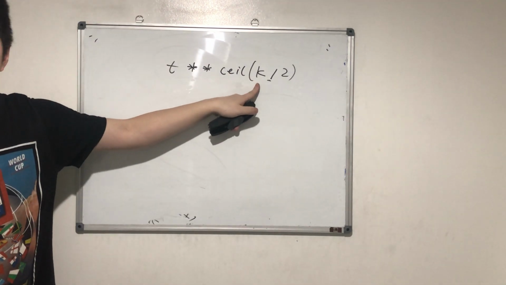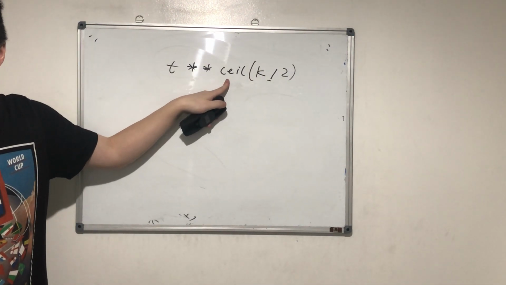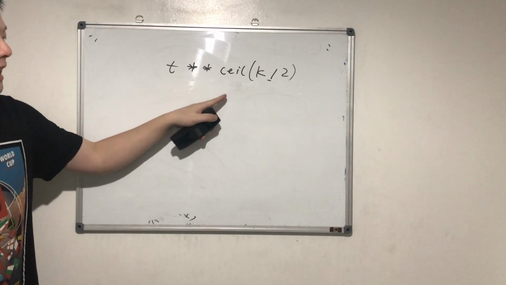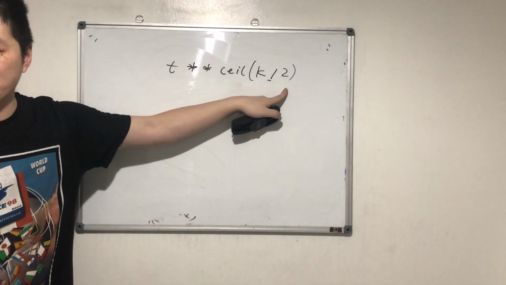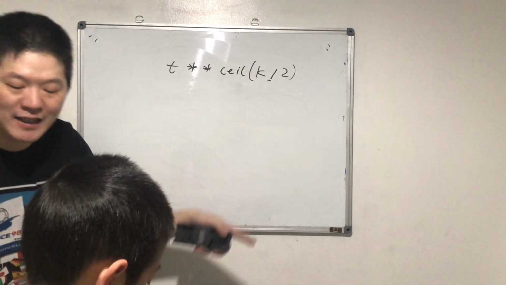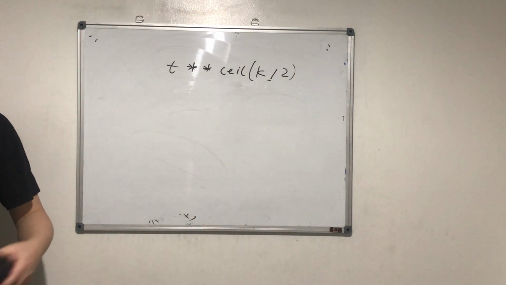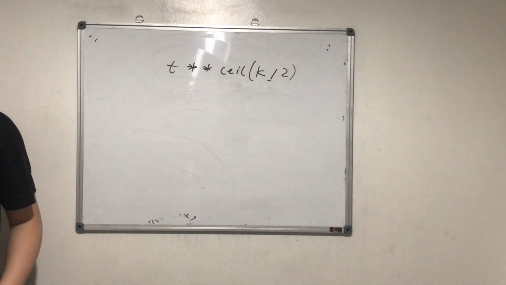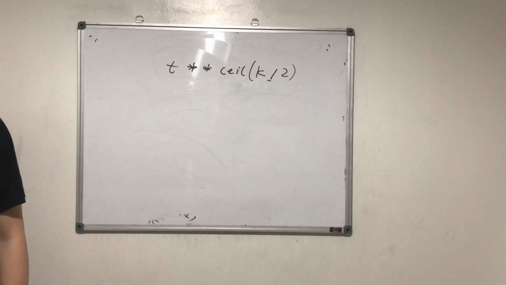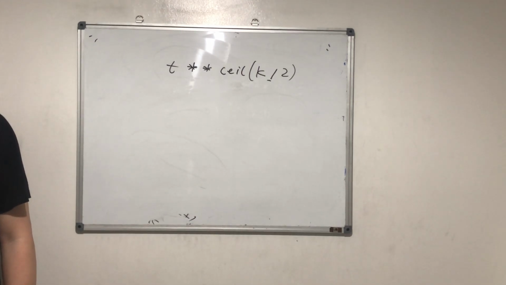If k equals 3, 3 divided by 2 is 1.5. Here it will be 2. If k equals 4, 4 divided by 2 is 2. Here 2 is 2, right? Here any integer part stays the same: 100 is 100, 99 is 99. Here 99.1 is what? 100. Floor of 99.1 is what? 99.